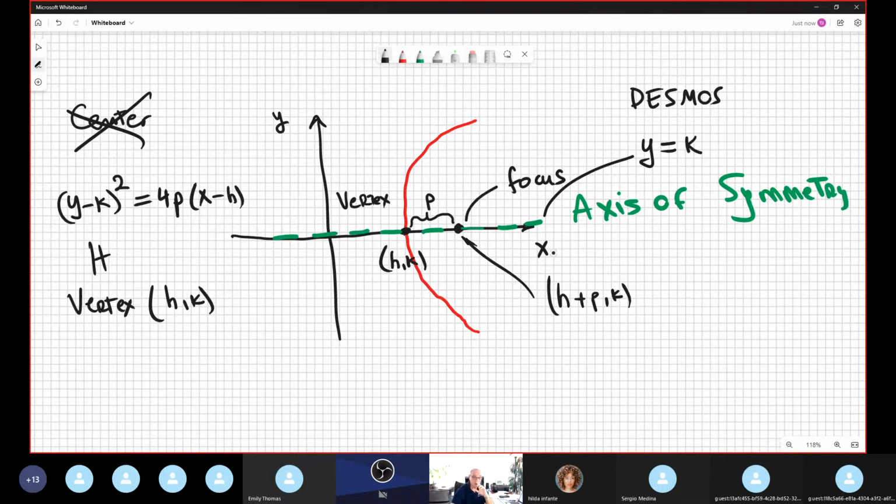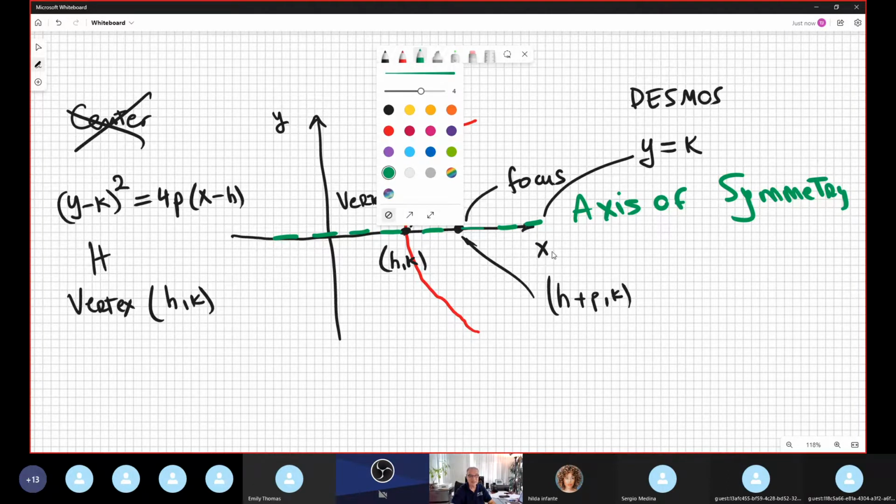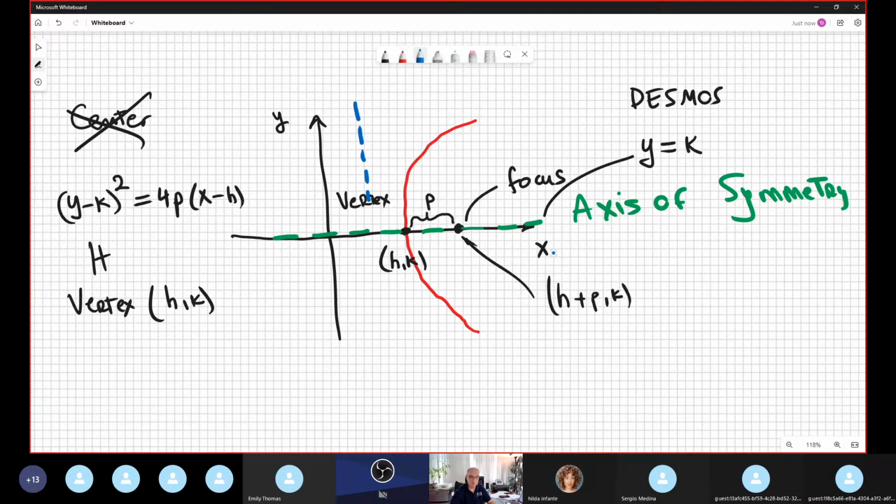And we have another important line, the directrix. The directrix is, in this case, a vertical line at the same distance from the vertex.